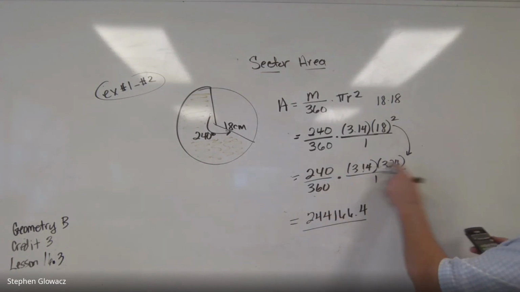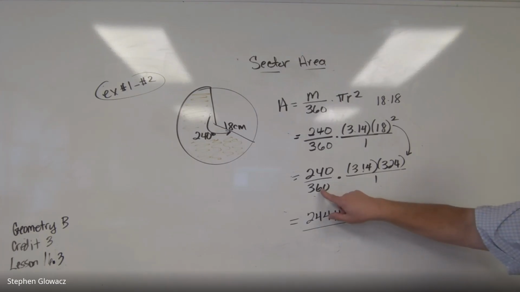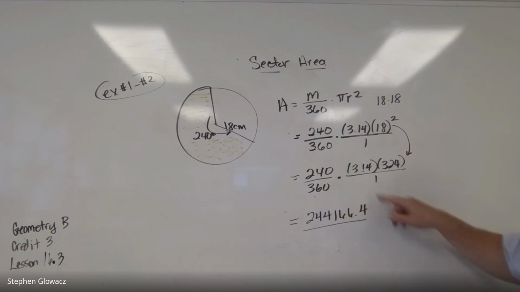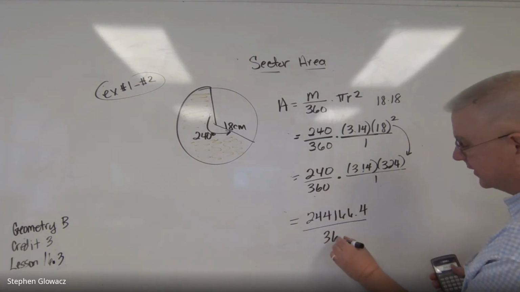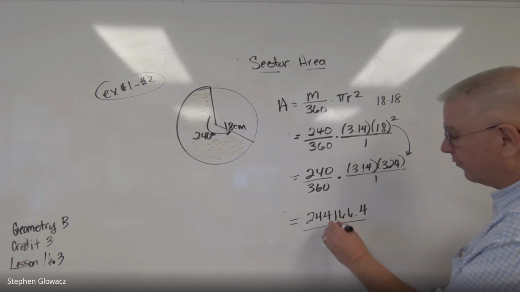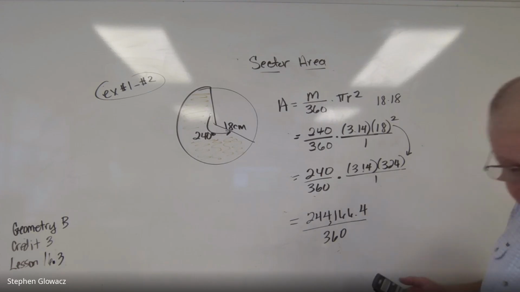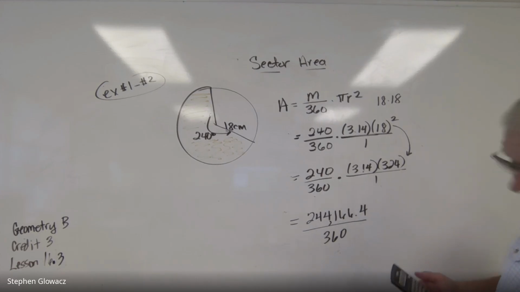That's from multiplying the numerator. And then the denominator, pretty simple: 360 times 1 is just 360. So now we take the 244,166.4 in the numerator and divide that by 360. And we get 678.24.